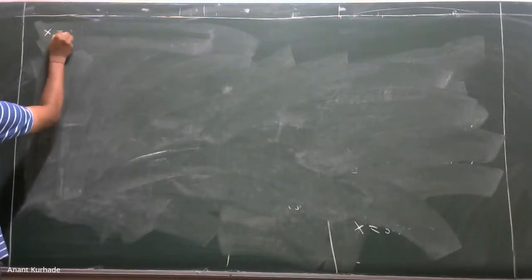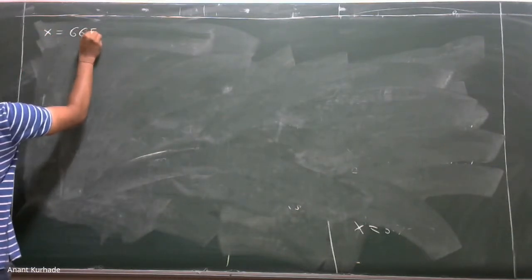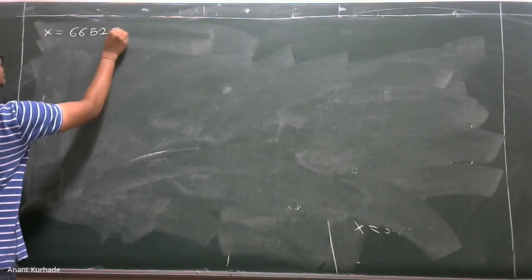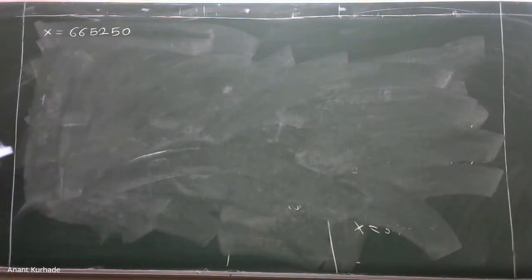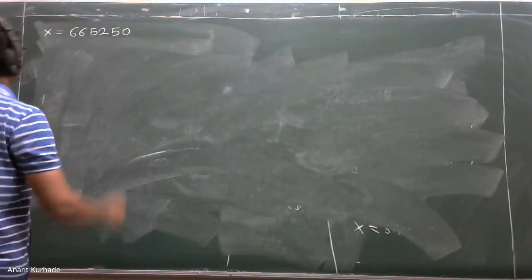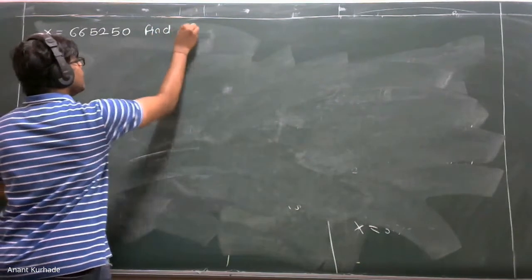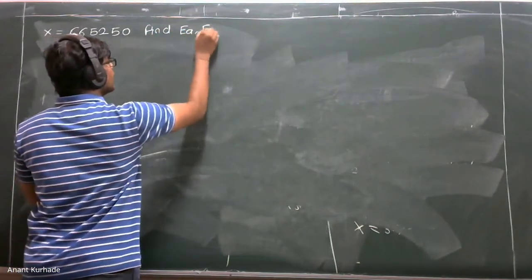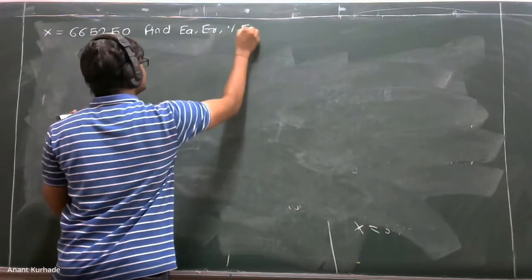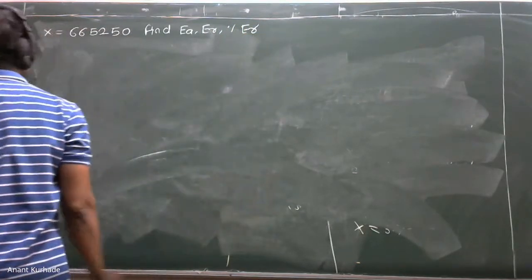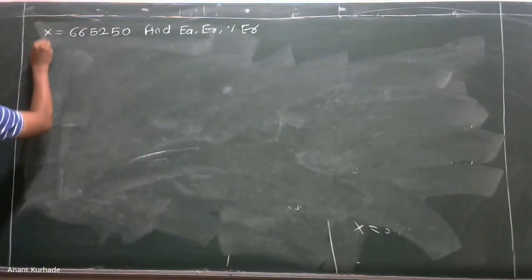Given x is equal to 6652506. Find the absolute error, relative error and percentage relative error.